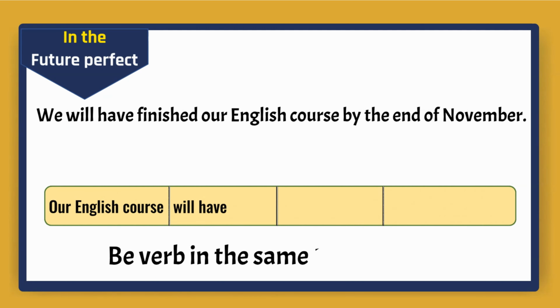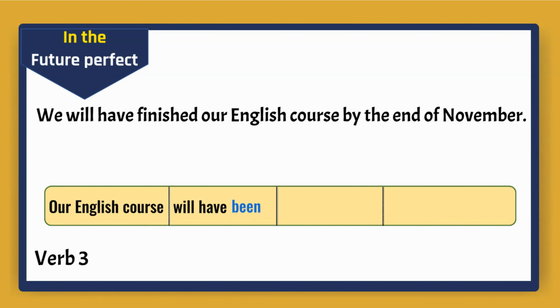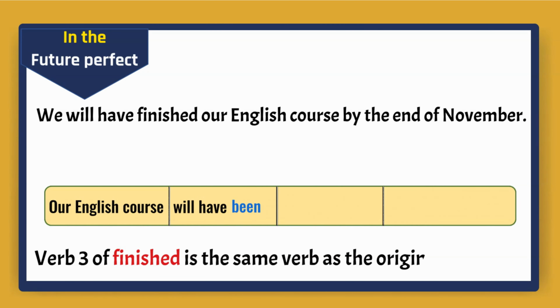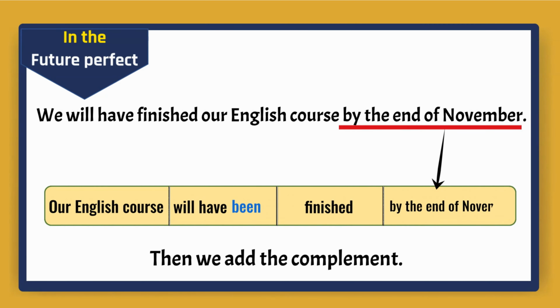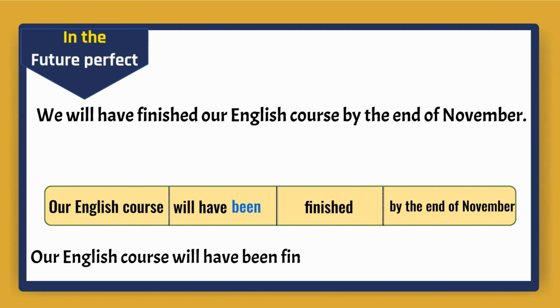The be verb in the same tense is been. Verb 3 of finished is the same verb as the original sentence. Then we add the complement. Our English course will have been finished by the end of November.